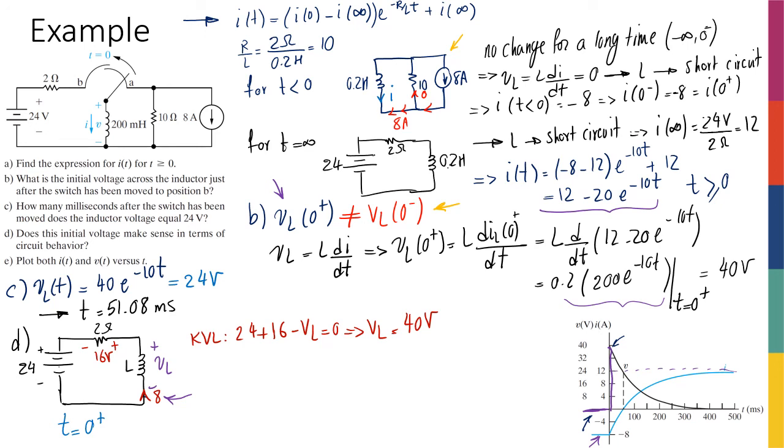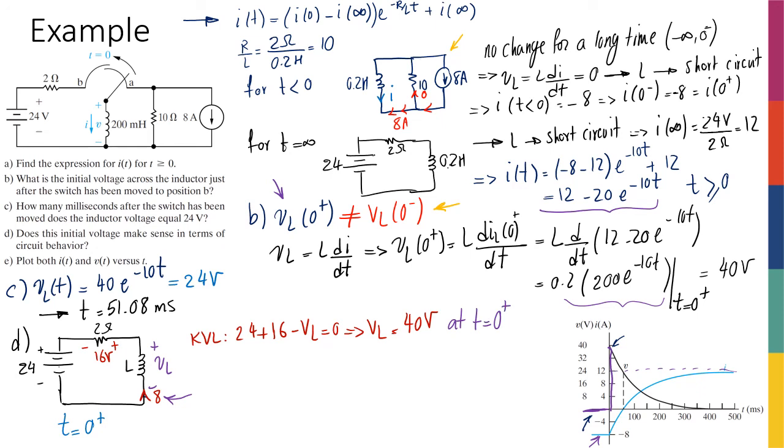In part B, I found that voltage in a mathematical way, and in part D, I used my circuit knowledge to find that voltage. But in both cases, I used the fact that the current of an inductor at 0 minus and 0 plus are equal to each other, and I used that fact to find the voltage of the inductor at 0 plus.